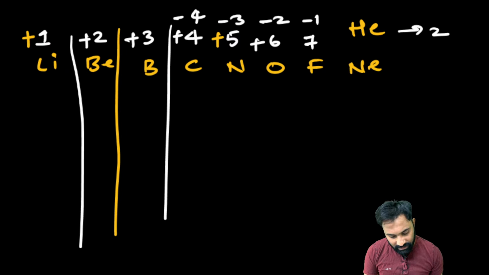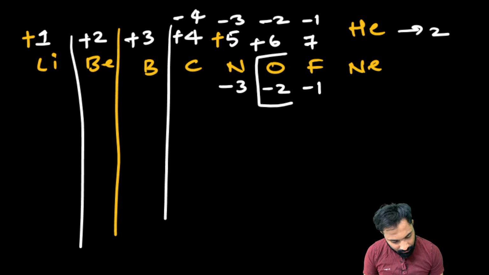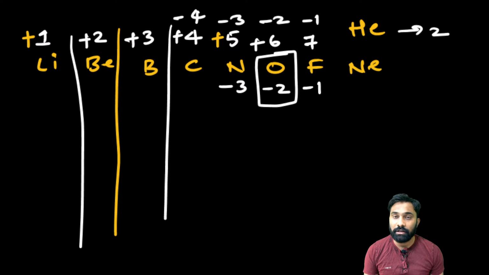Now, what are the stable oxidation states of these elements if they ask? Nitrogen is -3, oxygen is -2, fluorine is -1, but oxygen has some variable oxidation states. How does oxygen have variable oxidation states? How does nitrogen show the -3 oxidation state as well as the +5 oxidation state?